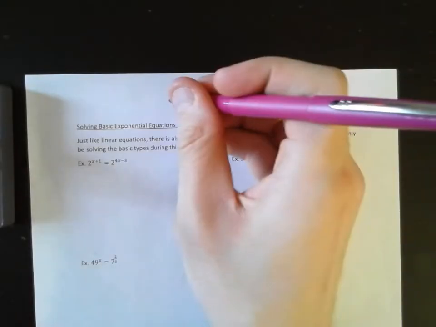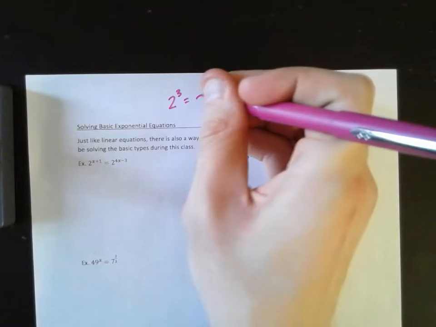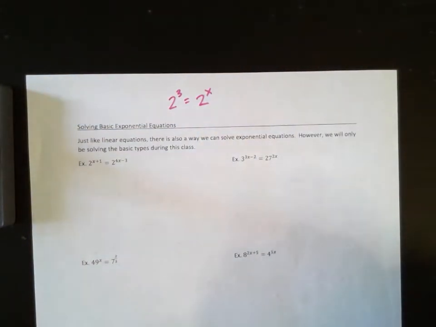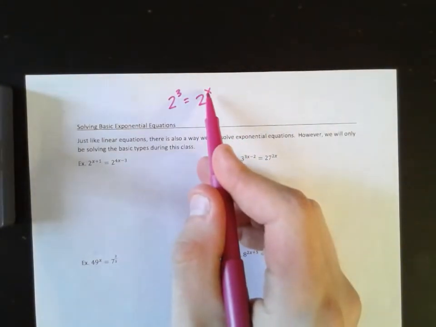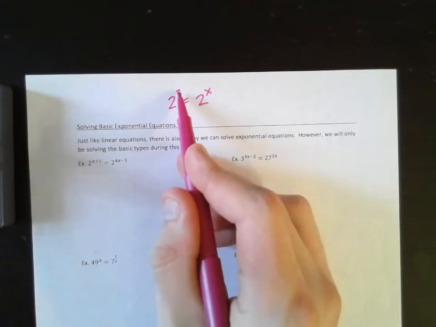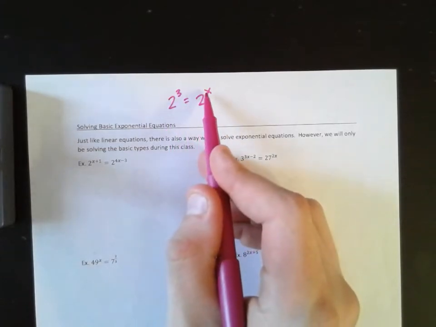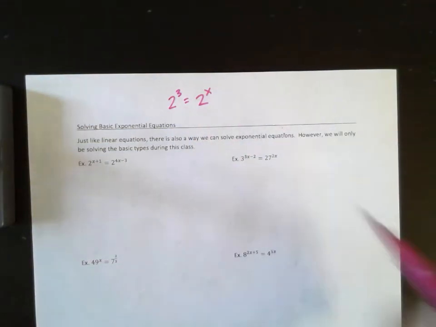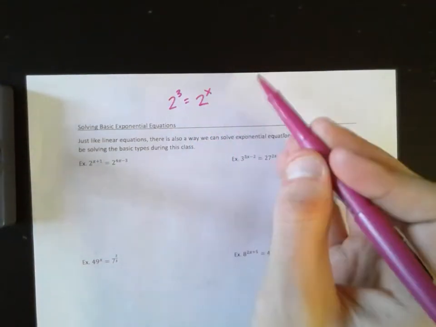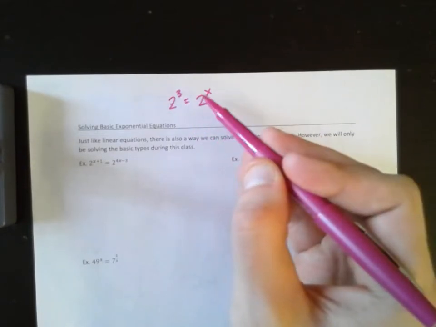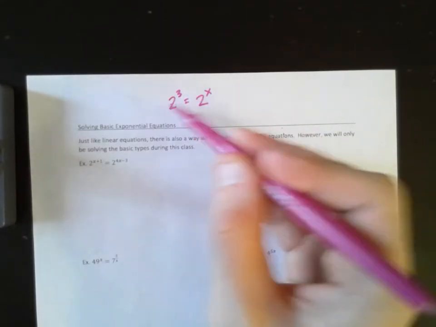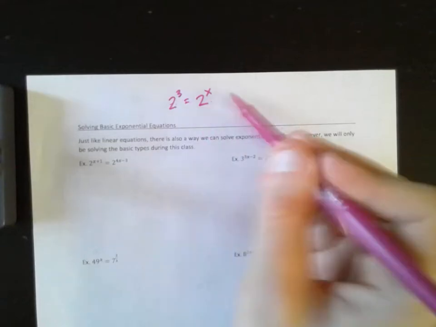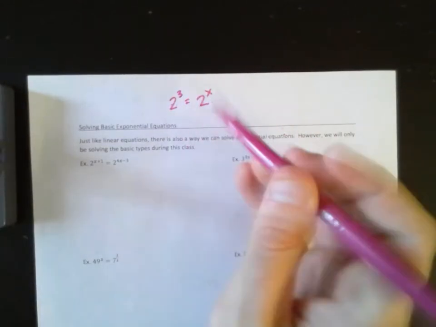If I have 2 cubed equals 2 raised to the x, and I want to figure out what x is, I mean, 2 cubed is 8. 2 raised to some power has to be 8. The powers have to be the same. There is no way to get 8 any other way here. 2 cubed has to equal 2 cubed. So when you have the same base, the powers have to be equal.